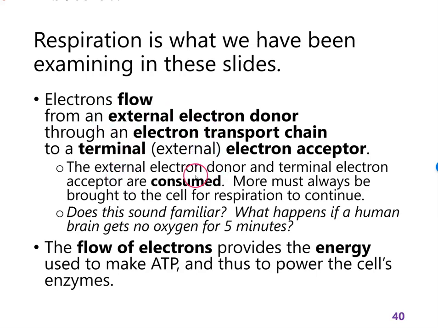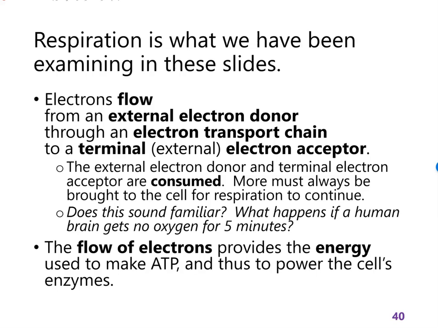And this is like our cells. They need glucose or other sources of energy, and they desperately need oxygen. If they don't get oxygen for a few minutes, they cannot make any ATP. The cells that can do fermentation can make ATP without oxygen, but you'll see it's not nearly as good.